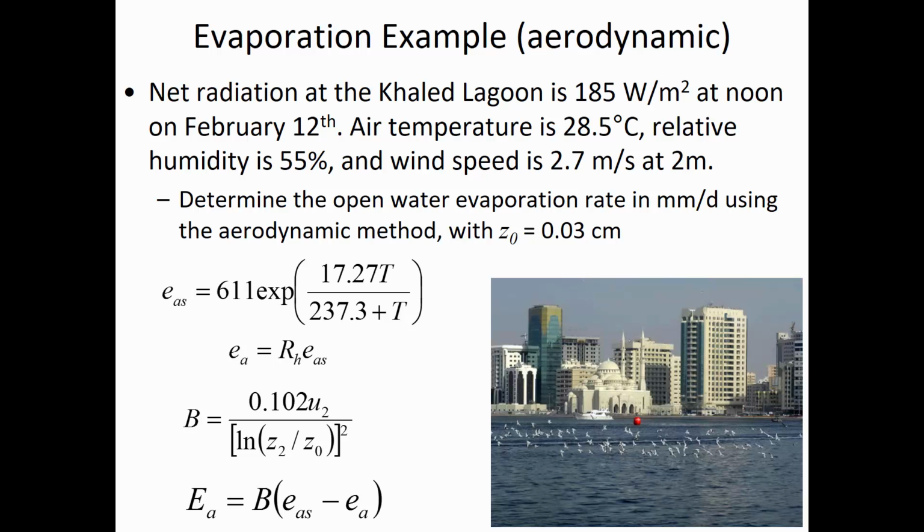They won't be converted to Kelvin. It's not using the radiation in this series of calculations. It's just looking at things like the height of the water ripples. So the Z naught here is how wavy the water is, the wind speed, and the elevation that the wind speed is measured at.